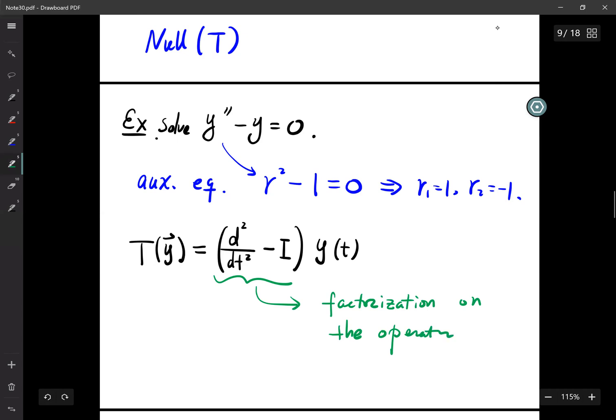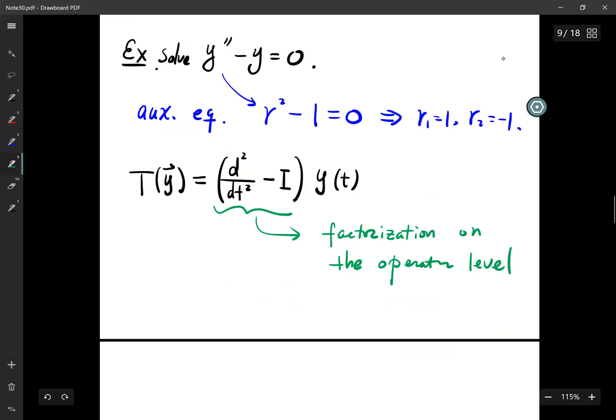It's a fancy sentence, but it's a really simple thing to do. So this is d/dt minus I, and this is d/dt plus I applied to y(t).